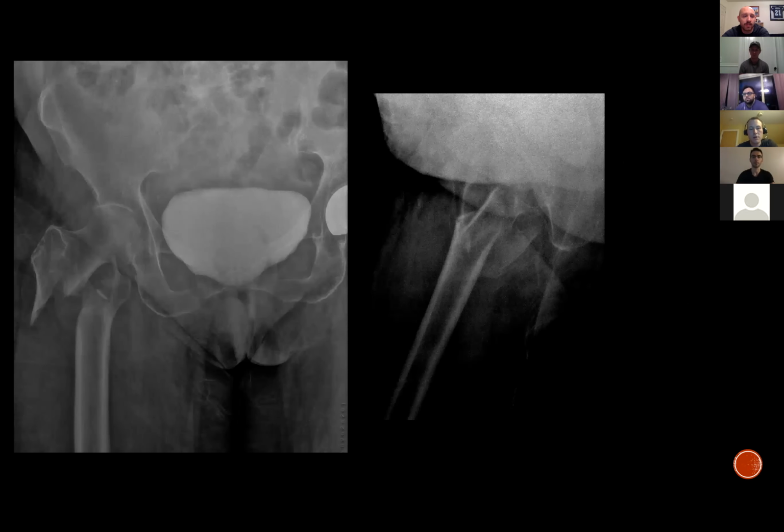Let's use this example because it's perfect. A sliding hip screw requires two critical things in order for its mechanics to function.